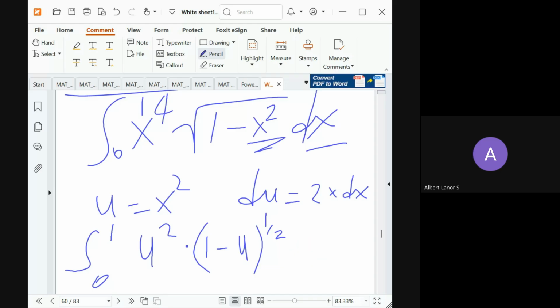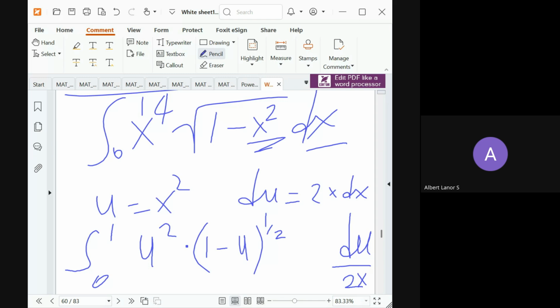Let me write that first. I'll bring the du here, then we'll have du over 2x. Now what is x? x is the square root of u.